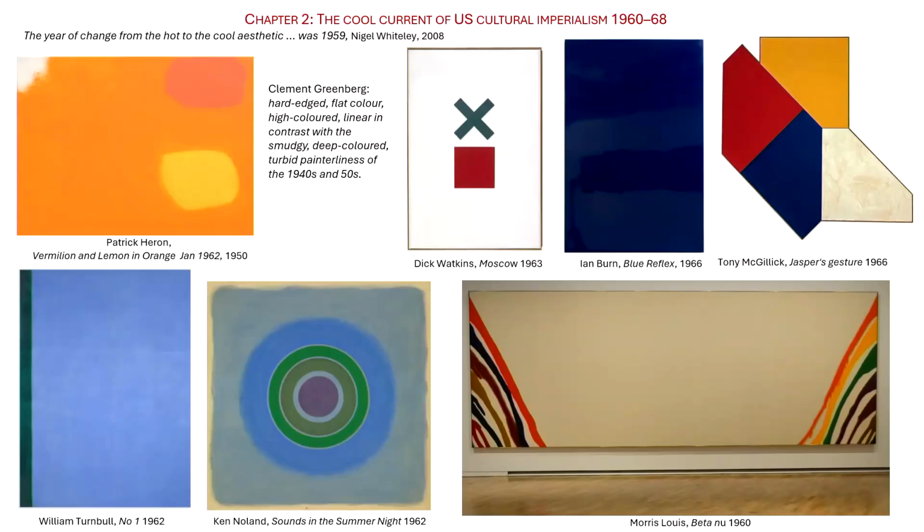Now, whereas the sort of hot current of abstract expressionism the Australians got onto in recent Australian painting, the cool current also came through exactly the same way to Australia, which is via London. So in 1960, you don't just have recent Australian painting going up.